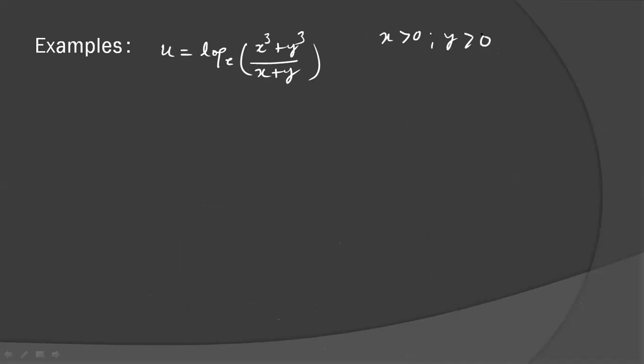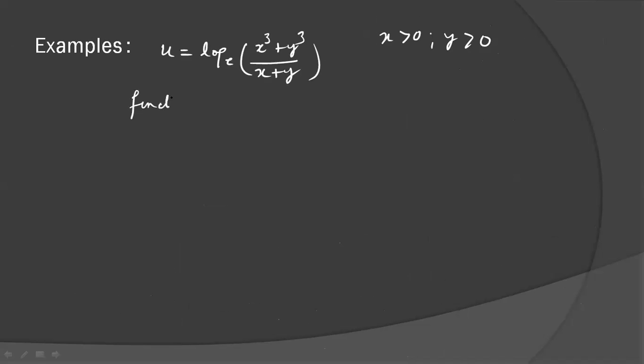Let's see one example. Suppose you have u equals log of x cube plus y cube over x plus y. And I am taking here x and y both positive.